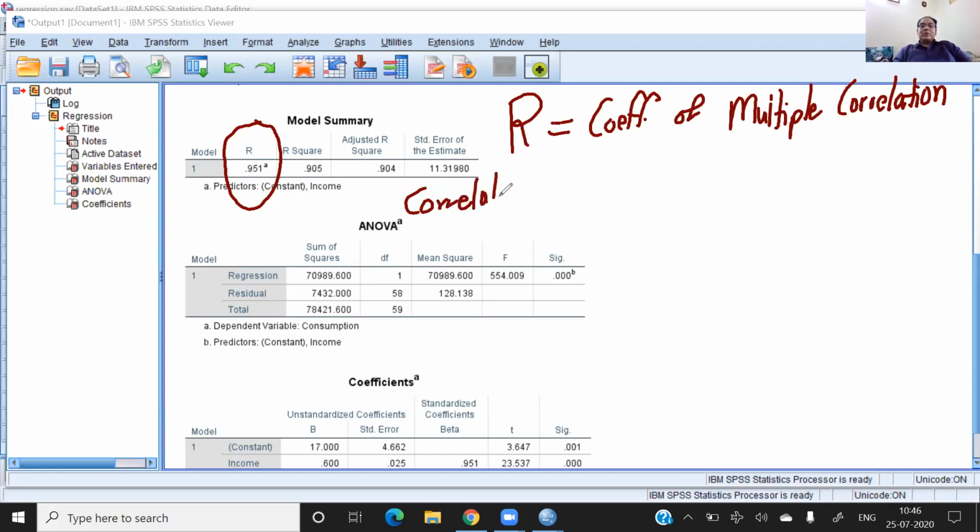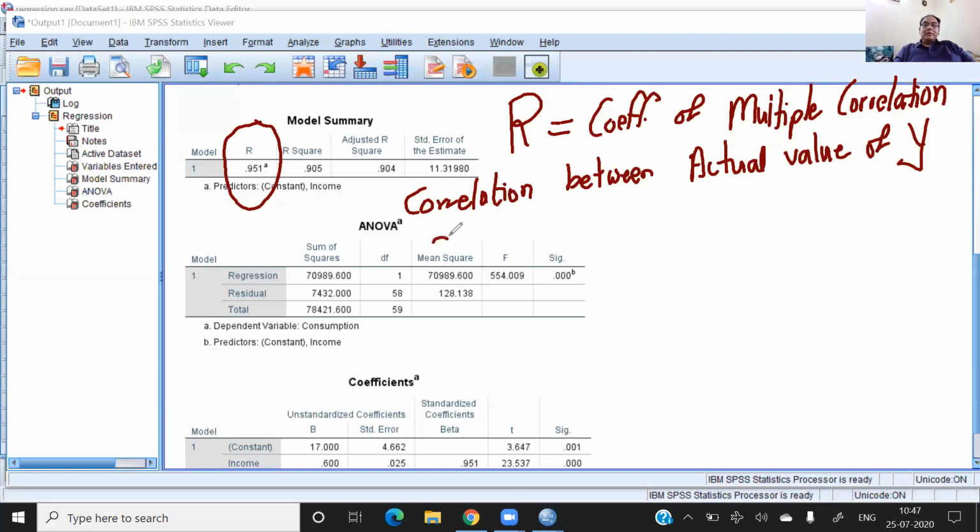Because it is a correlation, I am writing here: correlation between the dependent variable, the actual value of y, and the predicted value of y.